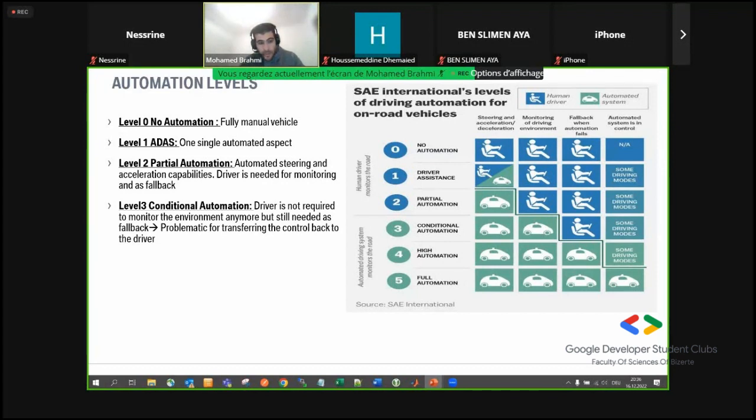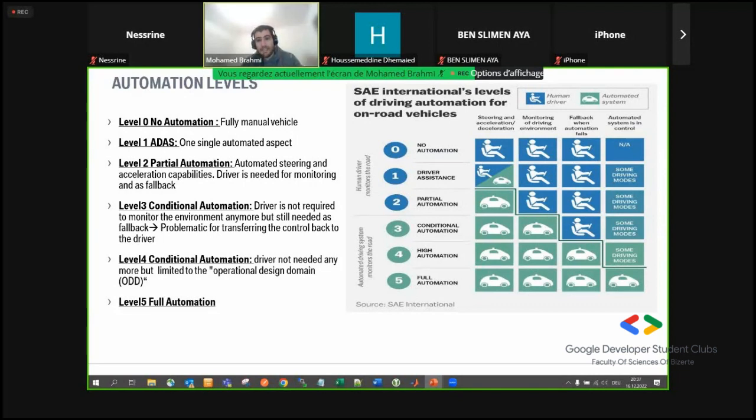And that was problematic initially until something new came, which defined exactly the period of time which the system has to give to the driver in order to take over. That means when the system tells the driver you have to take over as soon as possible, it doesn't mean that the driver has to take over immediately, but the driver has some time.